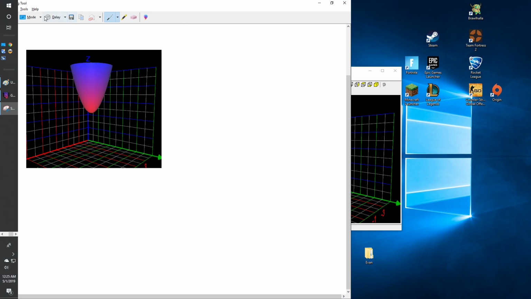Critical points are all the times when the gradient vector of x and y is going to equal the 0 vector, because it's going to be a flat plane. Hopefully that makes sense.